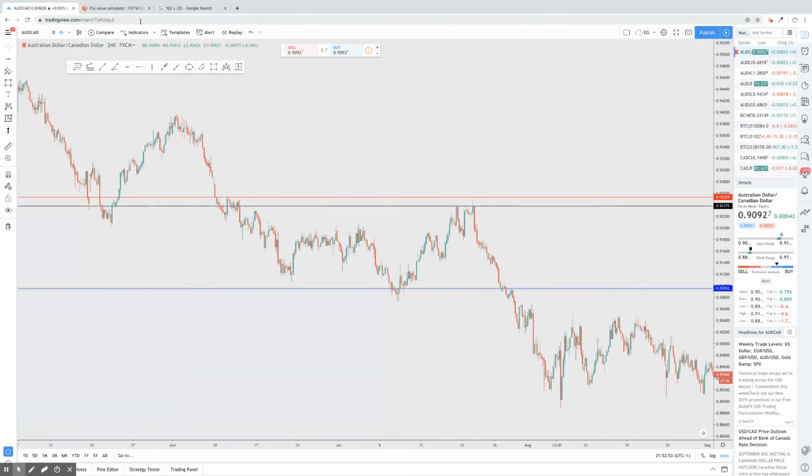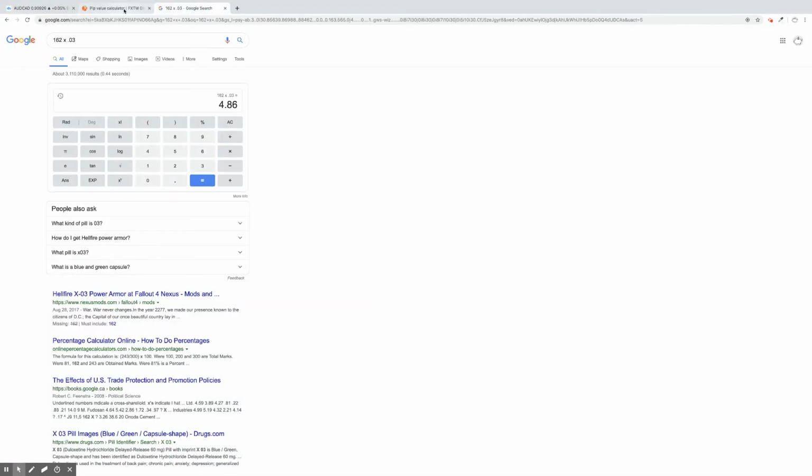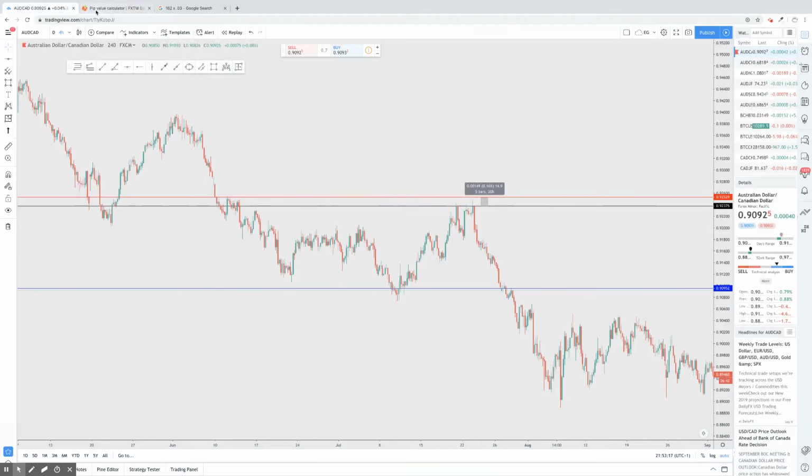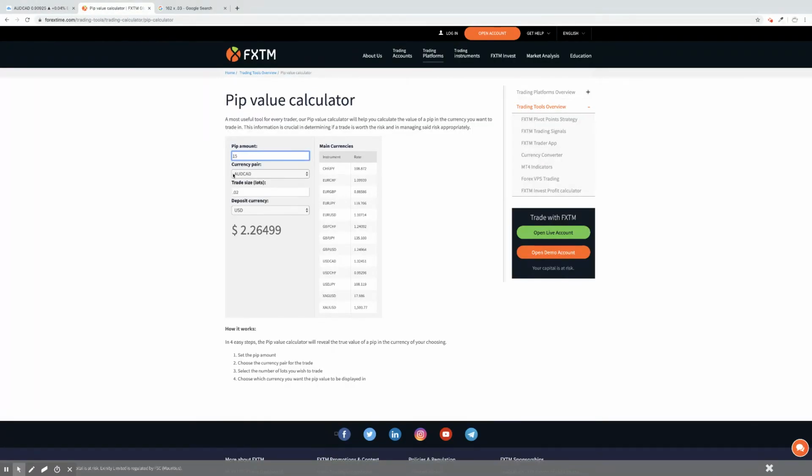Now, your stop loss is about 13 to 15, let's say 15 pips away. So your stop loss is 15 pips away. So what we're going to do now is put our pip amount in, we're on the Aussie Canadian dollar, put our pip amount in.